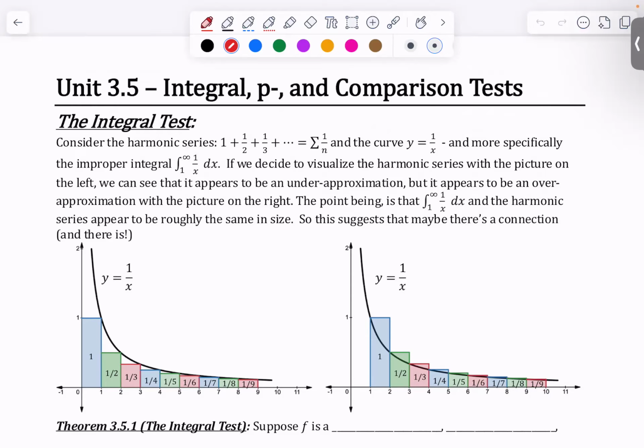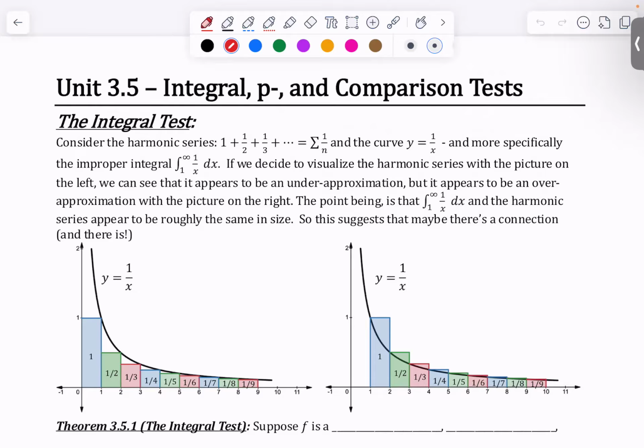But the question that we are going to be asking frequently in this class is whether or not something converges. What mathematicians noticed is that we learned with improper integration, during 3.1, that the integral of 1 over x from 1 to infinity is divergent, right?